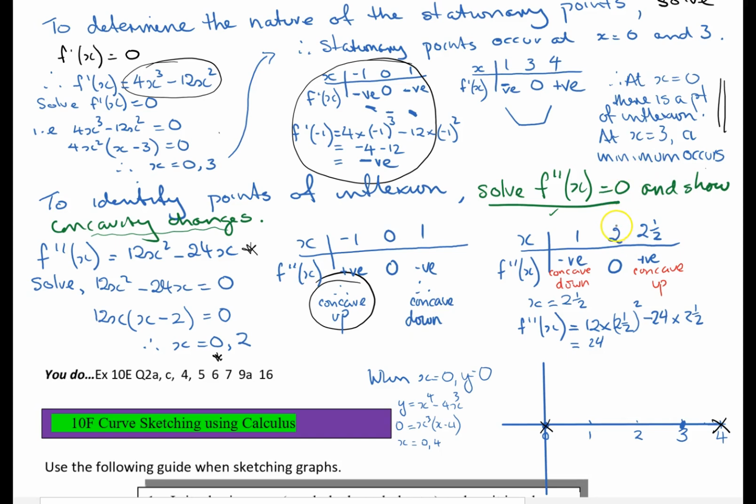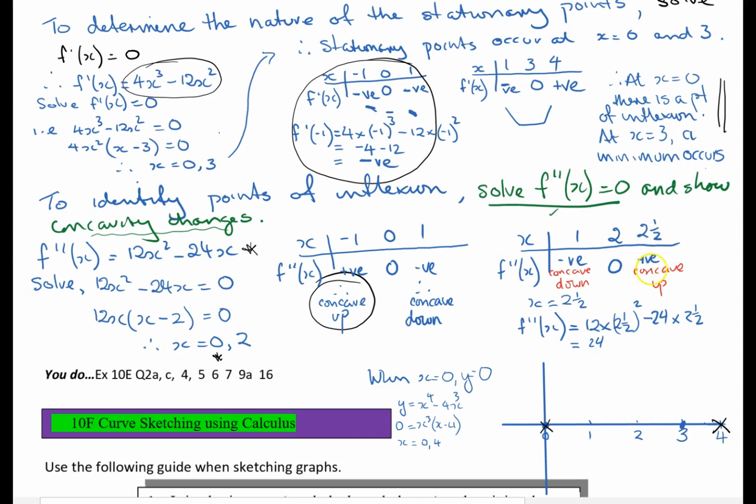And over at x is equal to 2, which we hadn't previously identified as a point of significance, well, at 1, we know that the second derivative was negative, just carry that on. So it'll be still concave down until we get to 2, where something is happening. I didn't go to 3 because at 3 there was a stationary point.